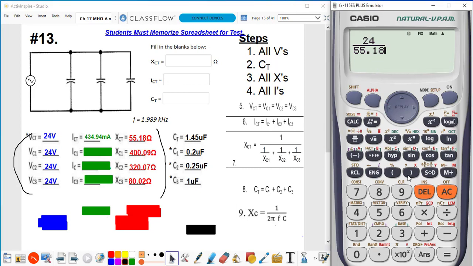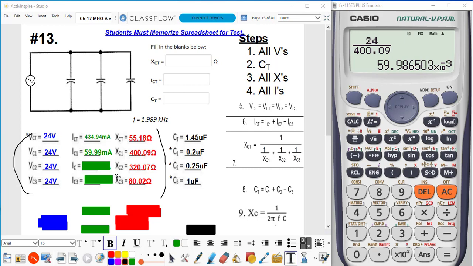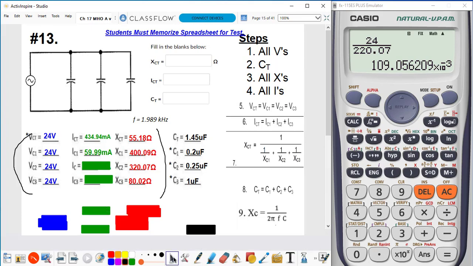24 over 400.09 gives me 59.99 milliamps. 24 volts divided by 320.07 equals, engineering, 109.06 milliamps.